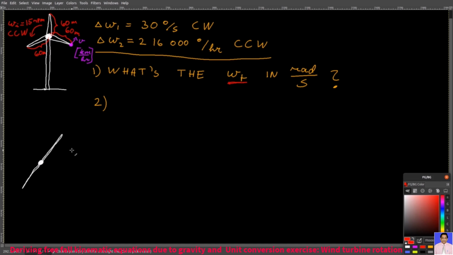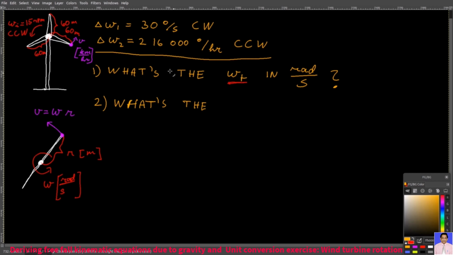In general, when something rotates at omega radians per second, and you have the arm length, let's call it r, measured in meters, then this tangential tip velocity can be very easily calculated like this: v equals omega times r. That's how you calculate the tip velocity.